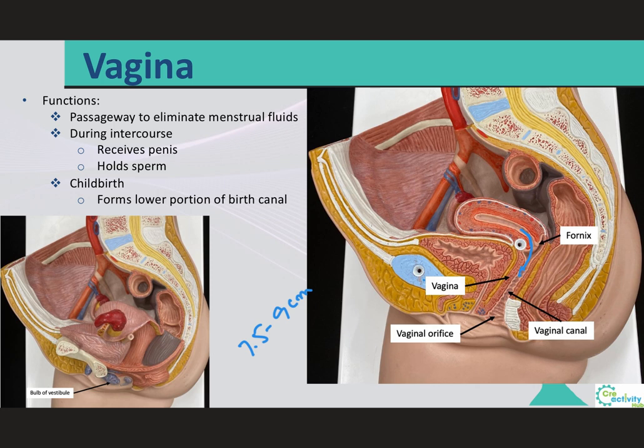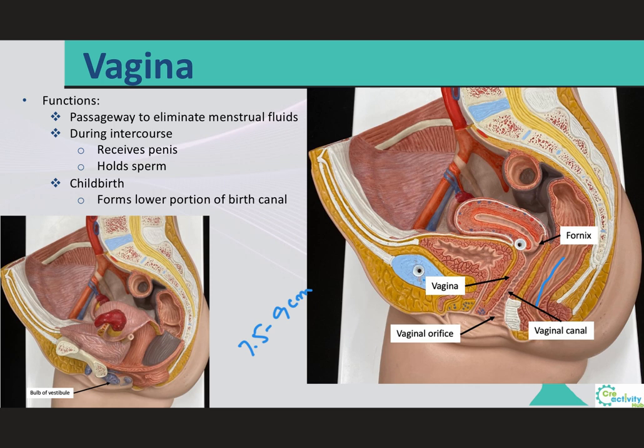Now, the vaginal fornix is going to be this shallow recess surrounding the cervical protrusion, and it does look similar in shape to the fornix of the brain, remember? Now, the vagina will lie parallel to the rectum, and the two are in close contact posteriorly.